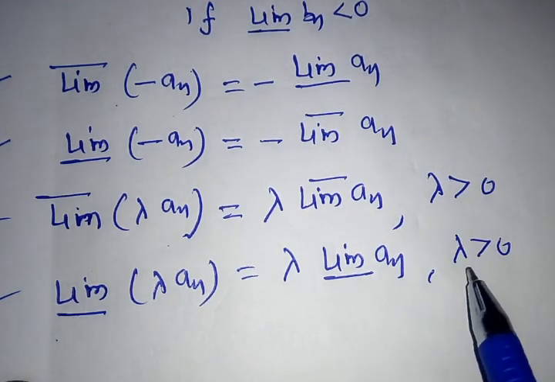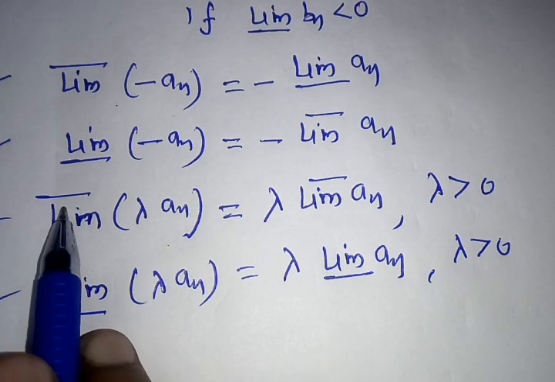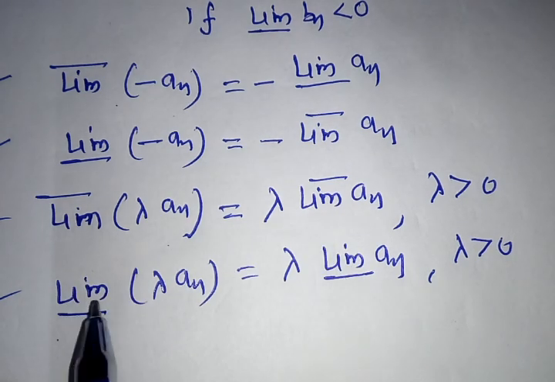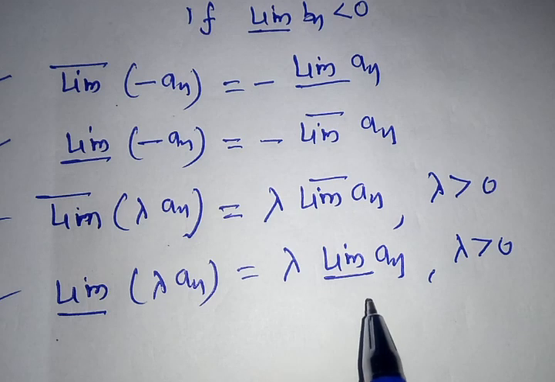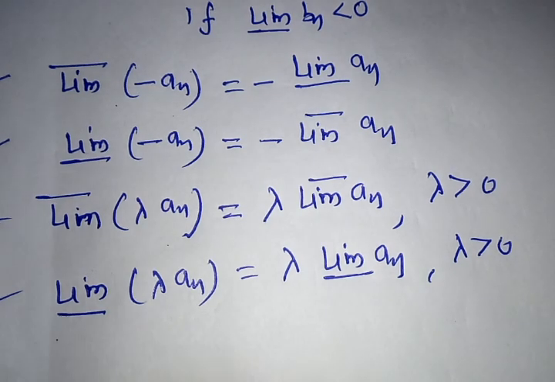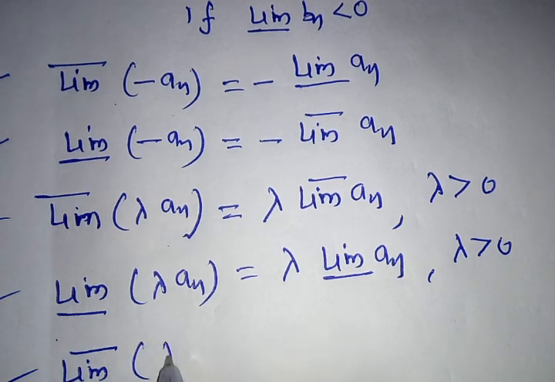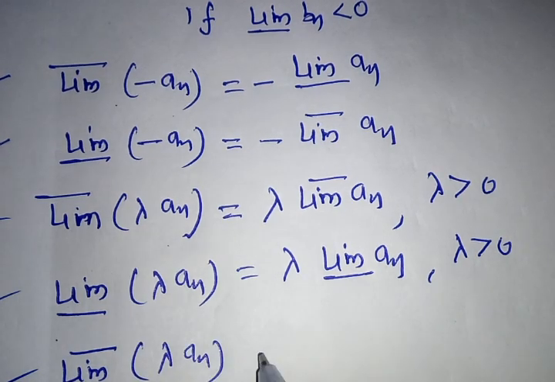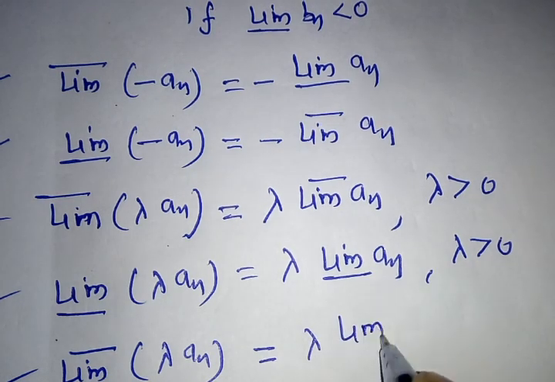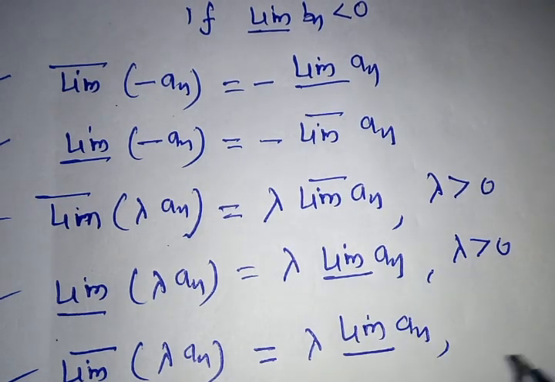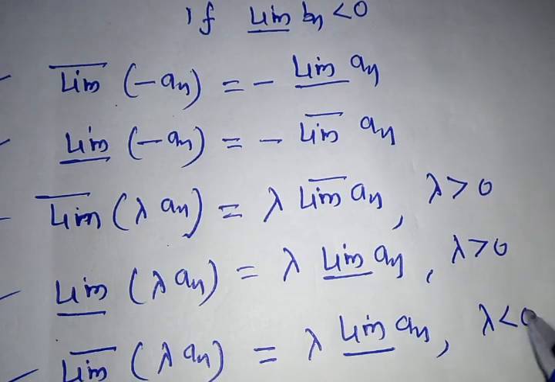So if lambda is greater than 0, then limit superior stays limit superior and limit inferior stays limit inferior. But limit superior of lambda an will be lambda into limit inferior of an if lambda is less than 0.